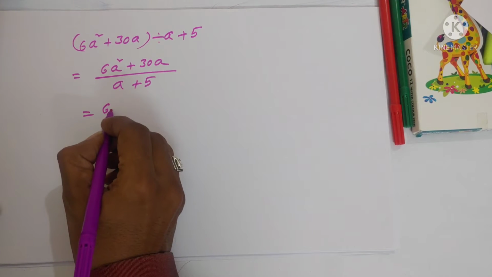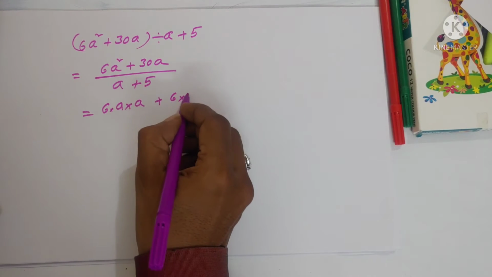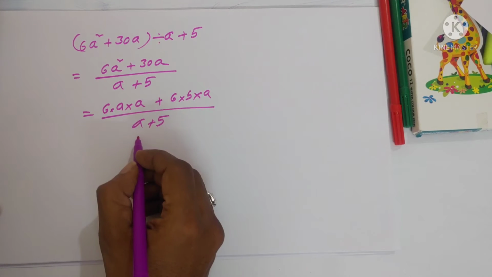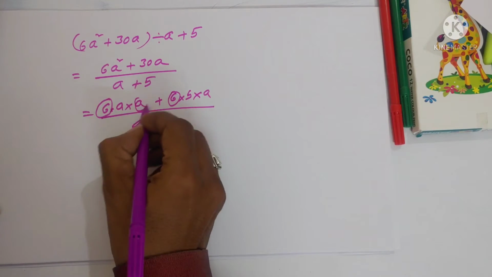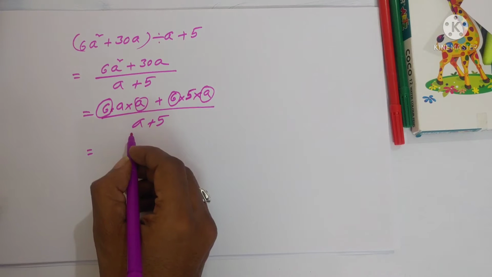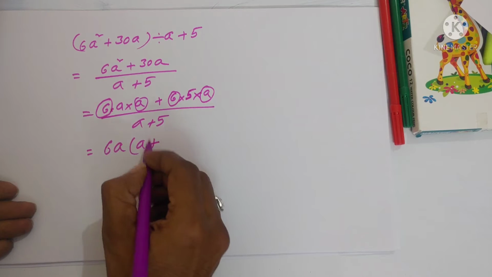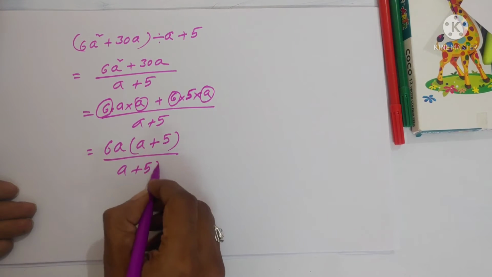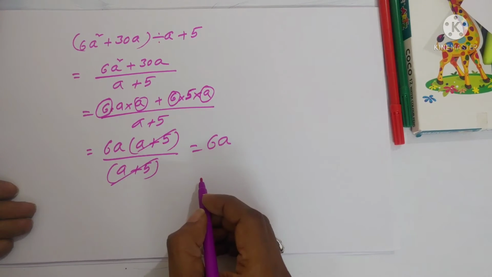From both of these, just factorize: 6 into a into a, plus 30 can be factorized as 6 into 5 into a, divided by a plus 5. Okay, that is, we got here 6 and a as common factor terms. So by that method we can write 6a into a plus 5 divided by a plus 5. So a plus 5 gets cancelled. So the answer is 6a.